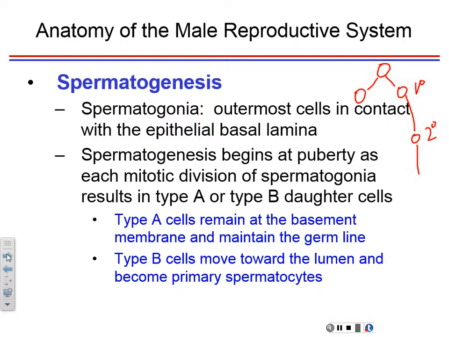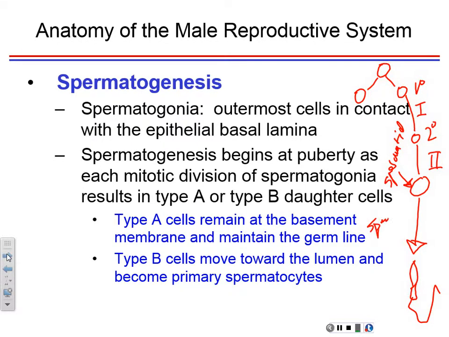Meiosis 1, then meiosis 2 forms the spermatid. Then spermiogenesis, which is differentiation from a spermatid, a circular cell, in its haploid state, to the sperm cell.